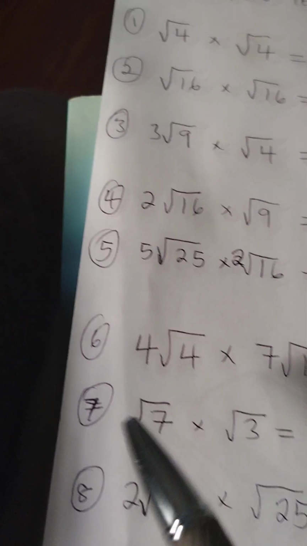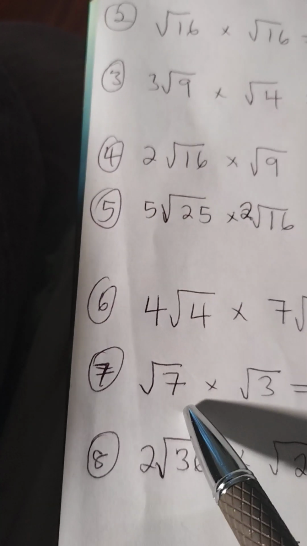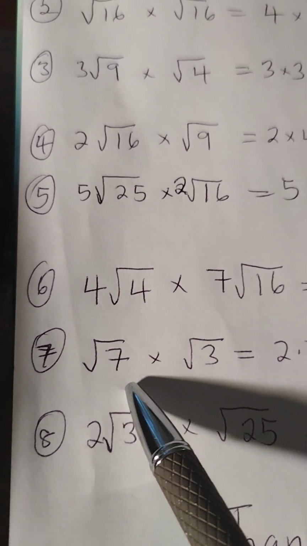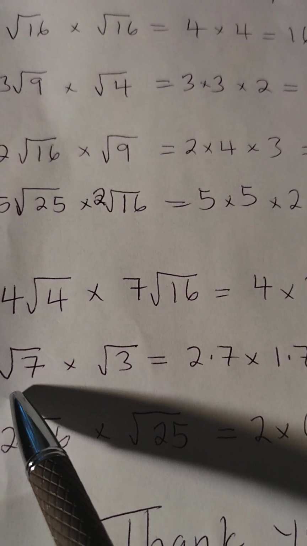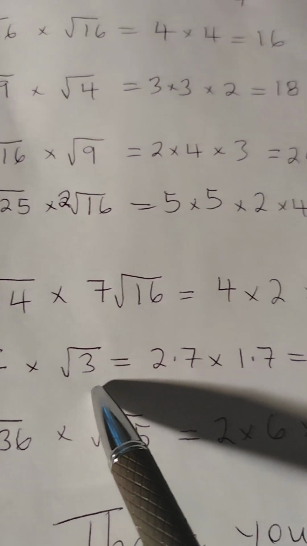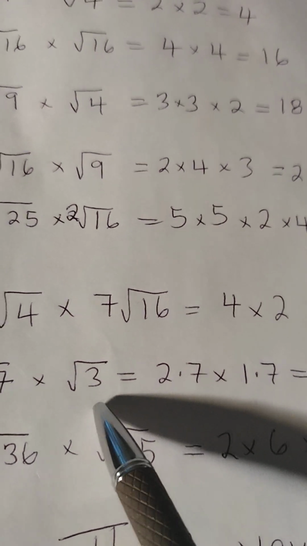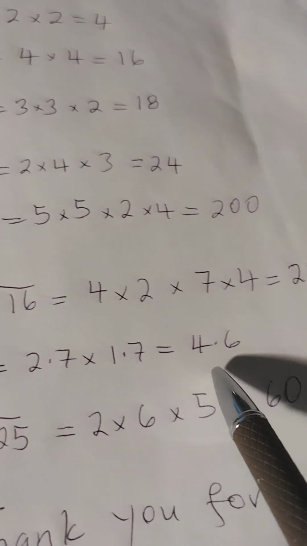When we come here, on this one right here, the square root of 7, you have to use your calculator to do it, because the square root of 7 will give you 2.7, times the square root of 3, which will give you 1.7. So 2.7 times 1.7 is going to give you 4.6.